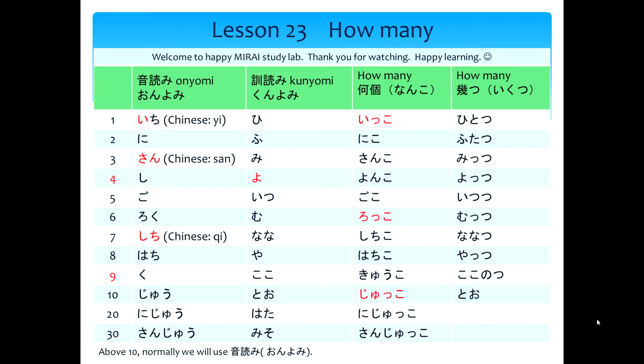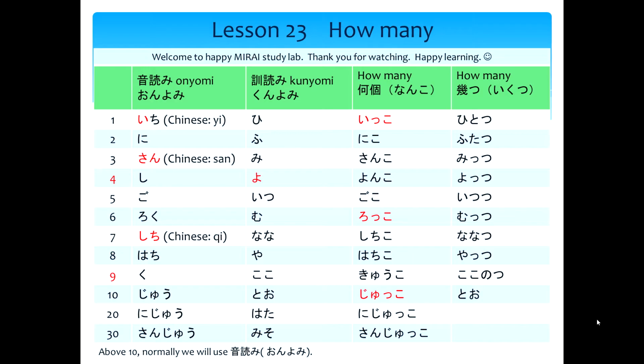Kunyomi is the original pronunciation created by Japanese people. For example, number one is hito, 2 is futa, 3 is mi, 4 is yo, 5 is itsu, 6 mu, 7 nana, 8 ya, 9 kokono, 10 to, 20 hata, 30 miso.